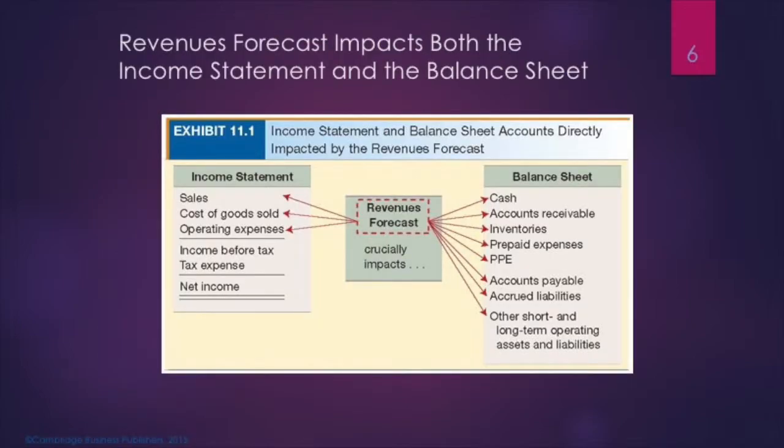Revenue forecasting impacts both the income statement and balance sheet. In this example, let's assume that there's an increase in revenue. When there's an increase in revenue, cost of goods sold can be impacted because there could be an increase in inventory purchases. Perhaps they need to hire more individuals to deliver the goods. And if any property or equipment was purchased, you would also have to consider greater depreciation from these new purchases.